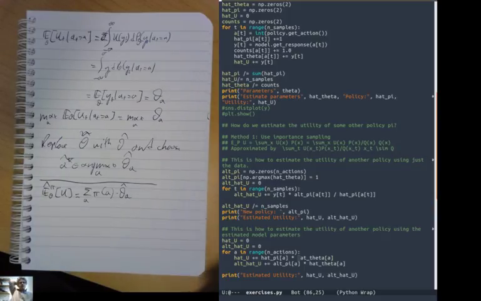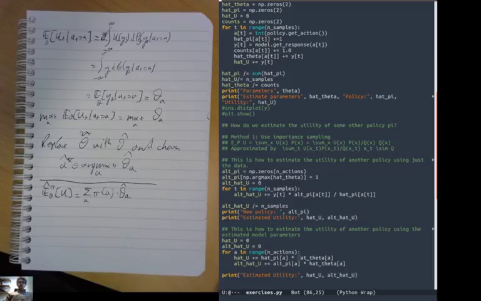Now there is a question in the exercise. It says if we know theta, then the best thing to do is just to take the action that maximizes the utility under that theta. And that means always taking the same action, never changing. There is no need to be random. But what will happen if you don't know theta?